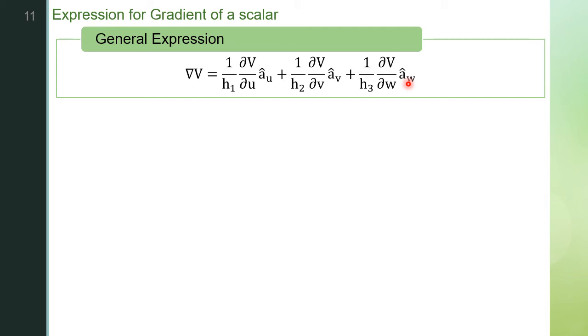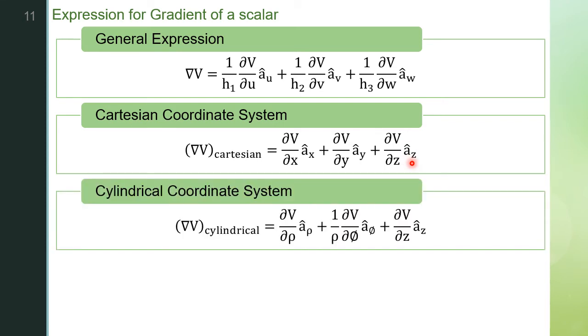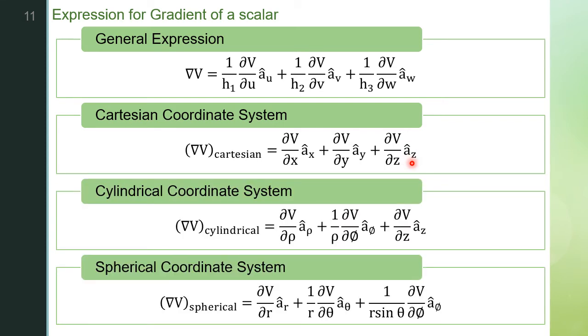So in Cartesian, h1, h2, h3 is 1. u, v, w corresponds to x, y, and z. So the expression for del V is given by dou V by dou x Ax cap plus dou V by dou y Ay cap plus dou V by dou z Az cap. Similarly, we get the expression in cylindrical as well as spherical coordinate system. So if you study the general expression for gradient, you can derive the expression in any coordinate system.